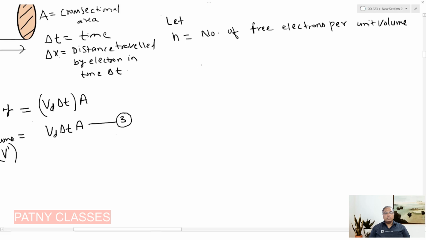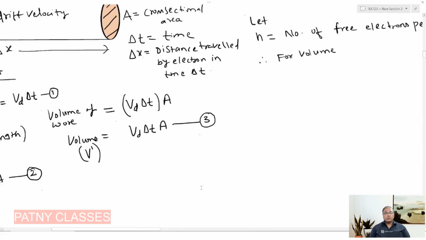Therefore, for volume, here is the volume of the wire, how much? The volume of the wire V dash is equal to Vd delta t into A. This is the volume of the wire.